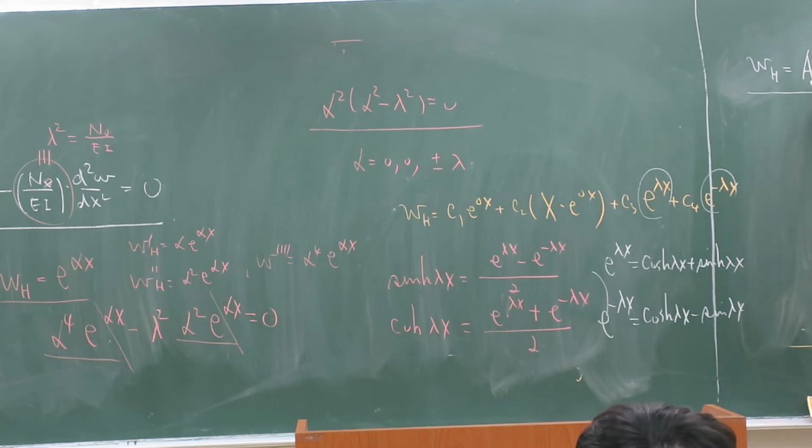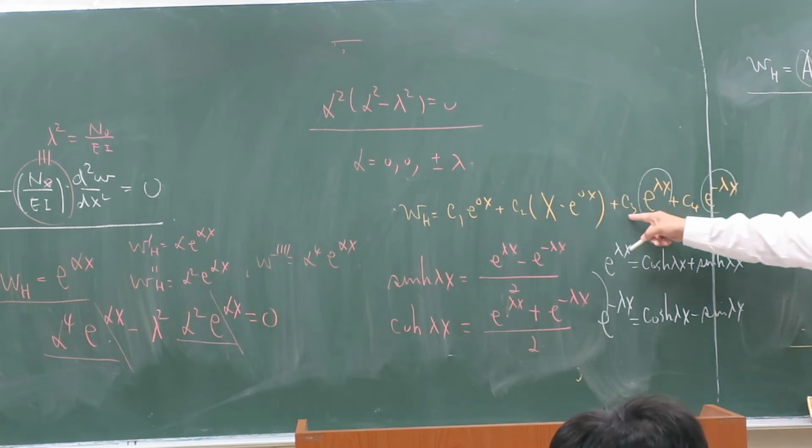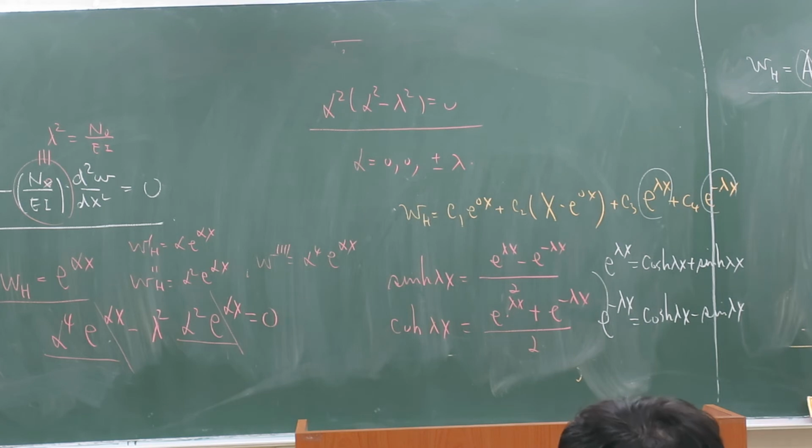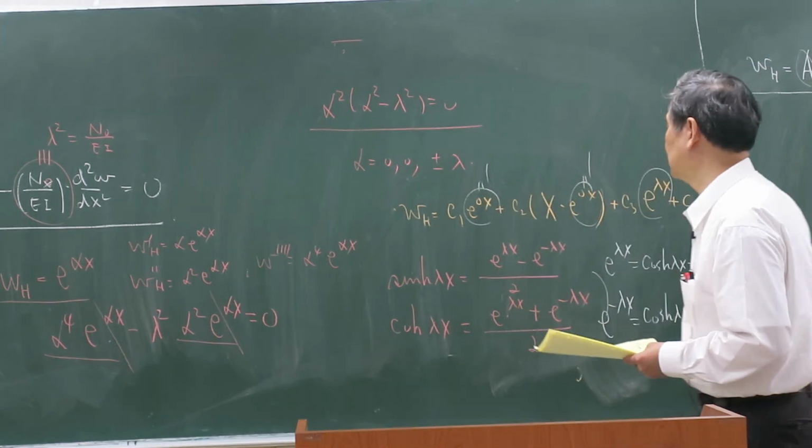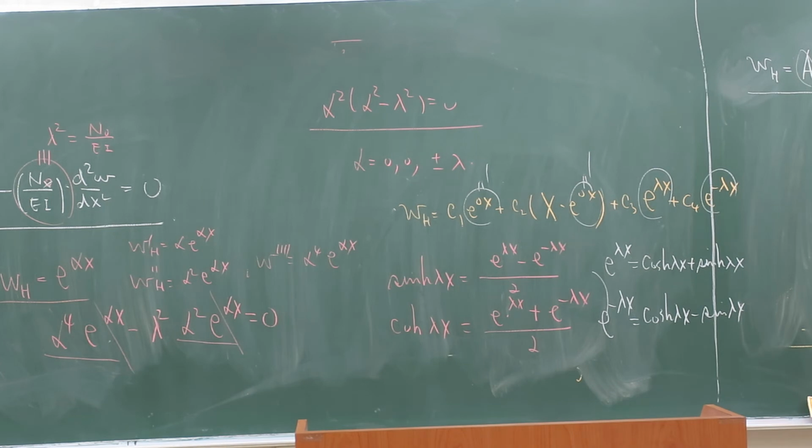Because this A and B will be combinations of C3 and C4, plus or minus. I just renamed the C1 and C2 as C and D. So that's my homogeneous solution.